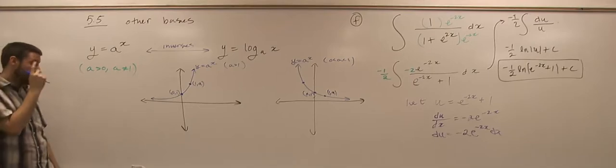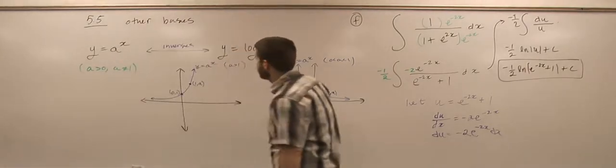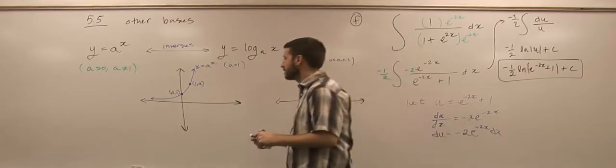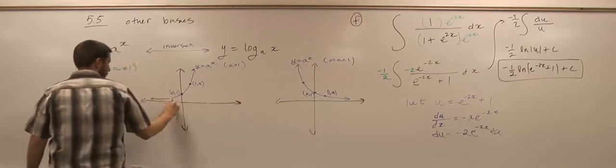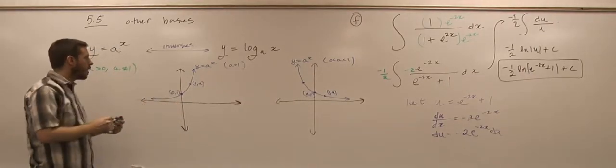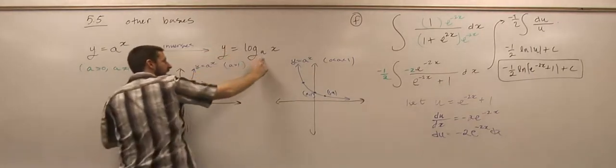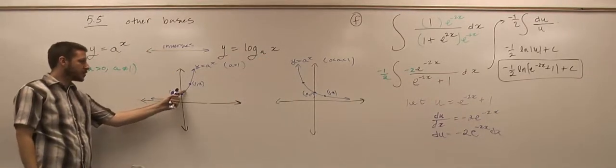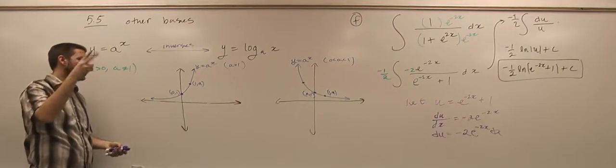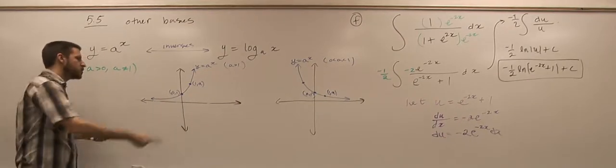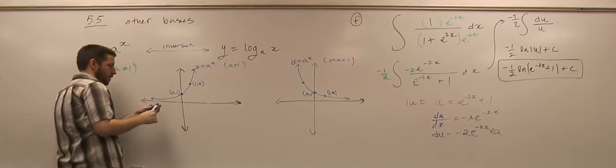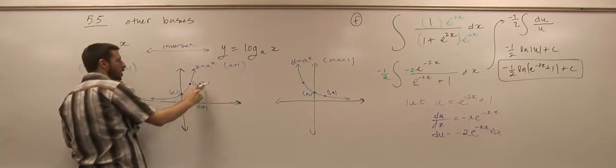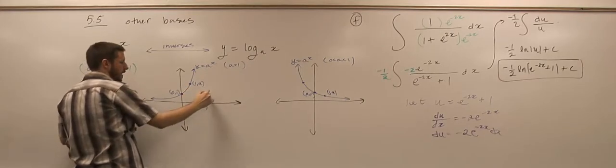What would the corresponding log function look like? So the log function, log base a of x, is going to be the inverse to this function, and what inverses do is switch the roles of x and y. So instead of having 0, 1, you're going to have 1, 0. And instead of having 1, a, you're going to have a, 1.